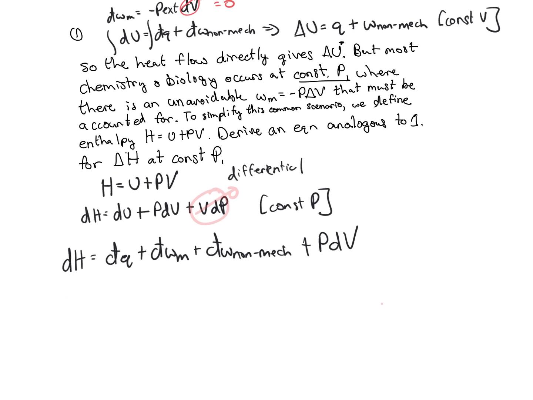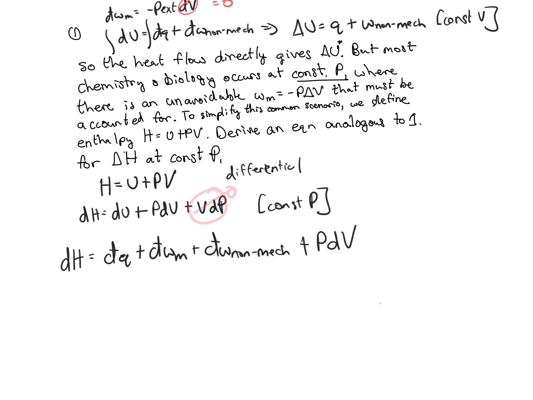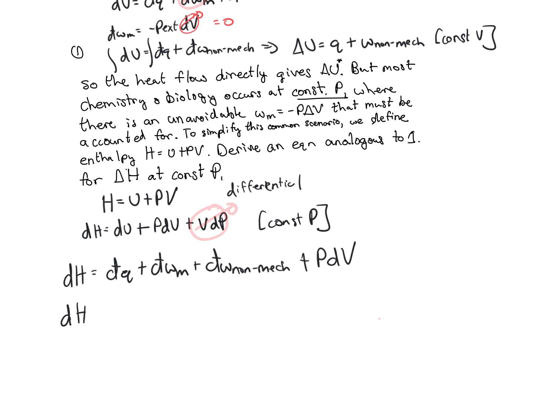So dH is equal to d bar q plus the mechanical work, which is minus p external dV.